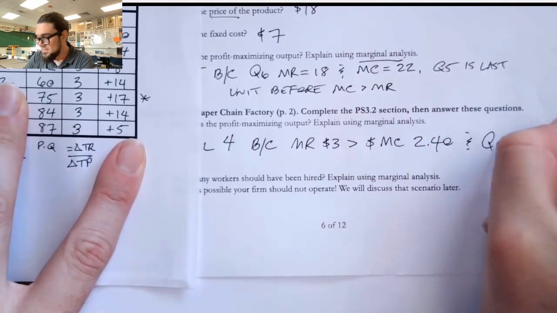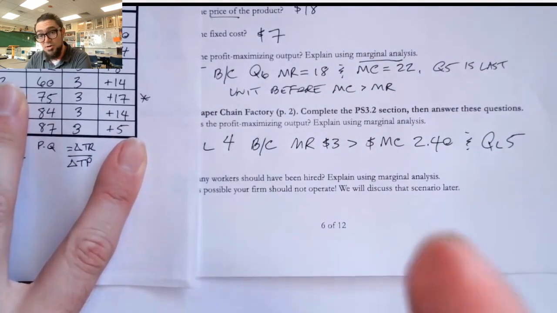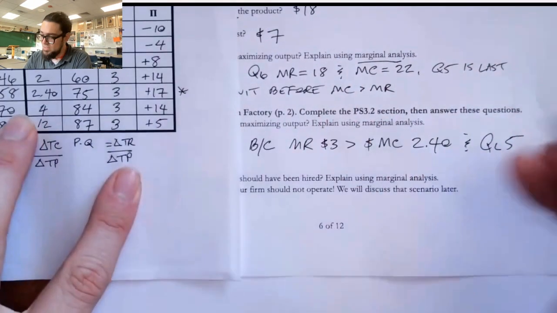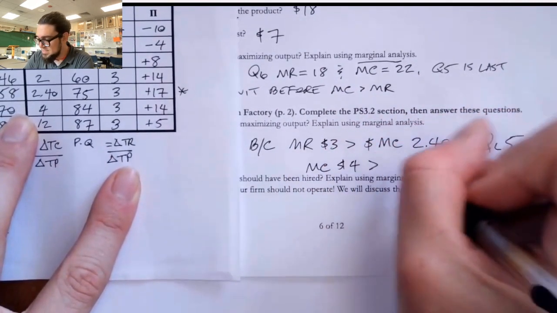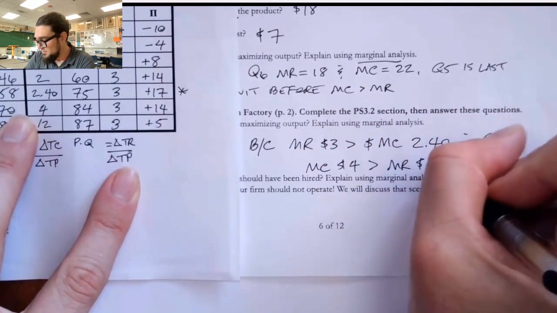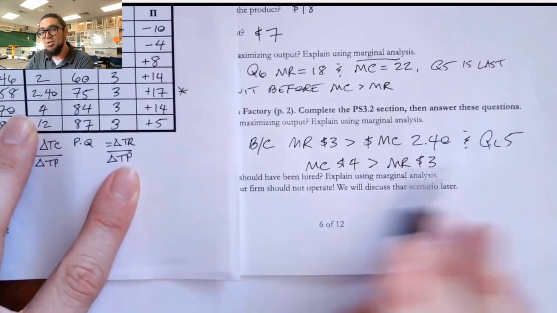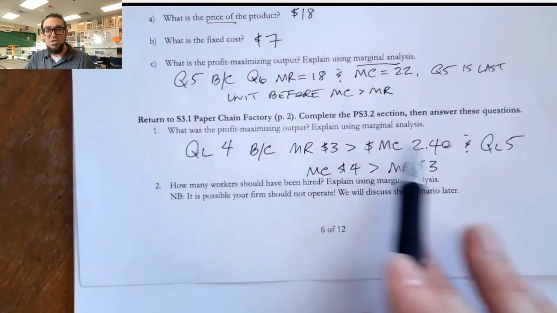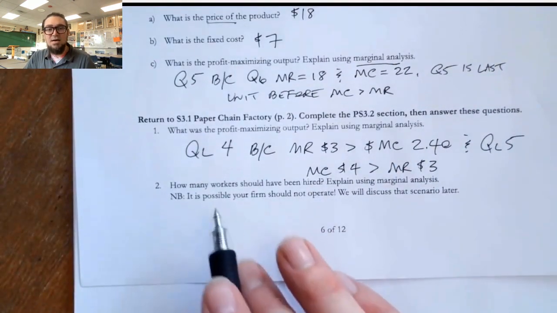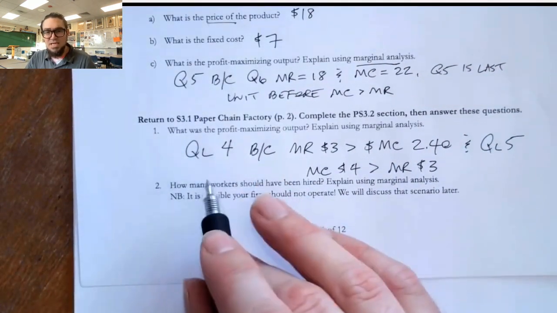And the quantity of labor 5, so I'm comparing to the next one, right? The marginal cost of $4 exceeded the marginal revenue of $3. So that gives me an explanation for why I would basically stop with QL4, because I don't want to do QL5. And that's basically the same concept.